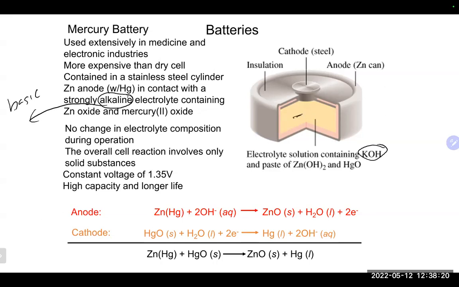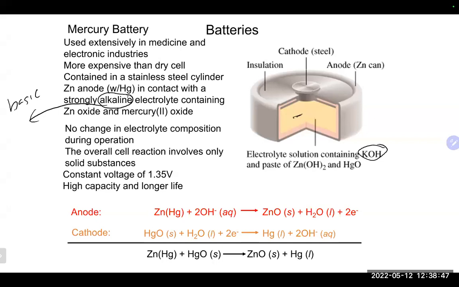There's no change in electrolyte composition. So when we look at the overall reaction, it involves pretty much only solid substances. That is really a key when you look at the reactions for batteries of long life, is having solids being formed on the overall reaction. Also very helpful, as we'll see in a second, for rechargeable type batteries, is having those guys in that state.